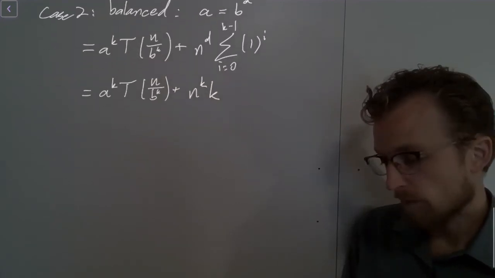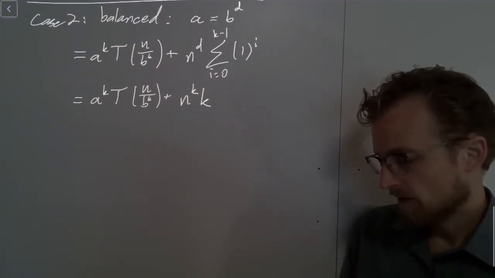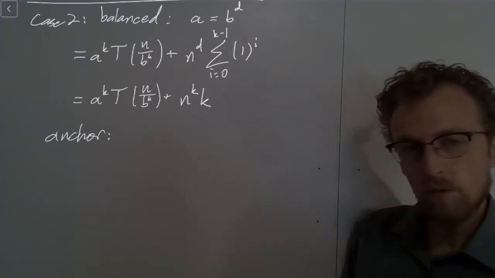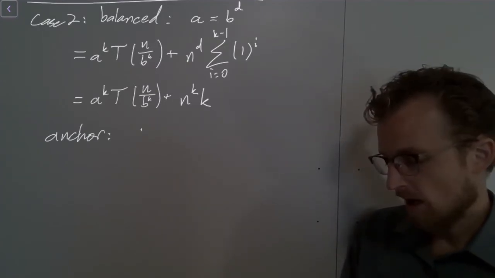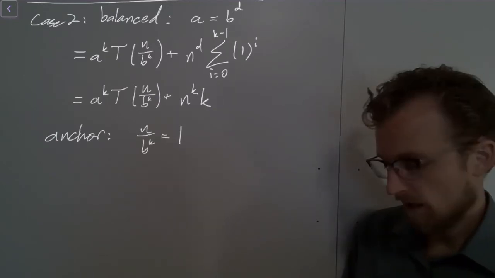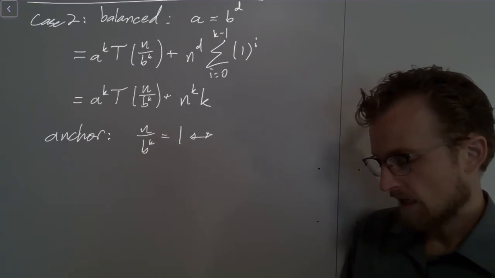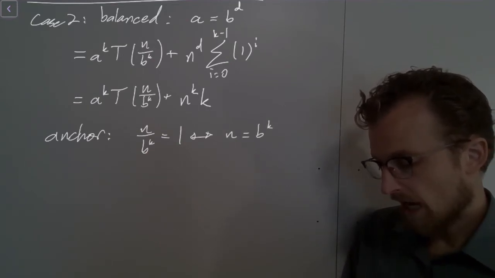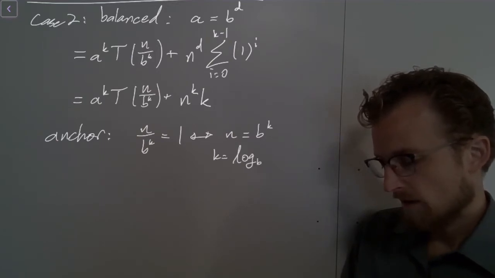Okay, so from here we can do our anchoring step. For the anchoring step, what do we come up with? Well, we solve the equation n over b to the k equals 1, which gives us n equals b to the k, or k equals log base b of n.